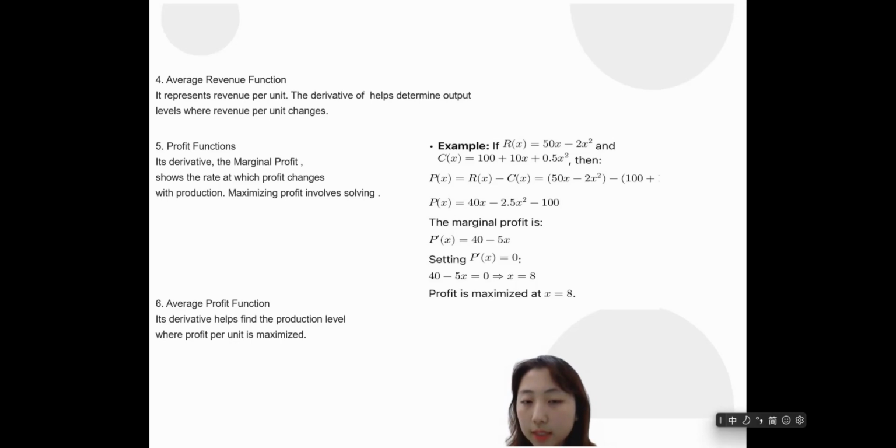If we set the derivative of P(x) equal to 0, we can get x equal to 8. So the profit is maximized at x equal to 8. And the sixth is the average profit function. Its derivative helps find the production level where profit per unit is maximized.